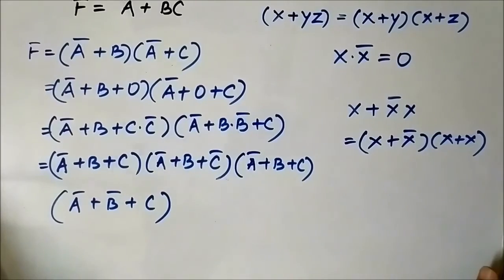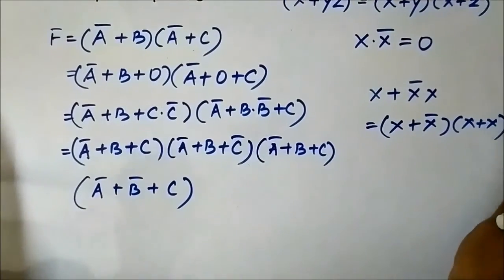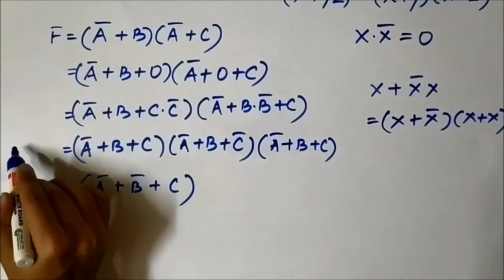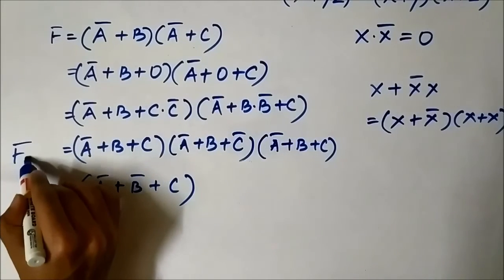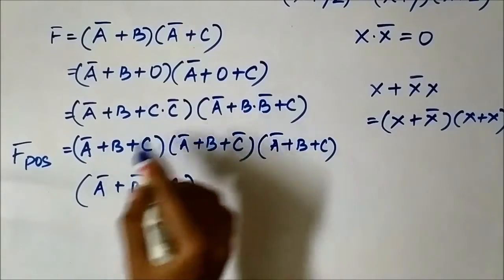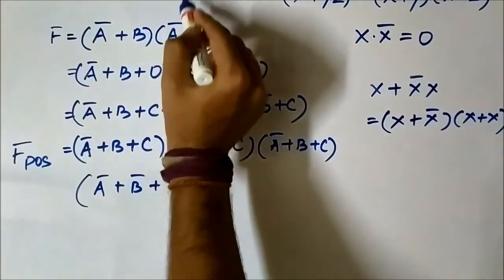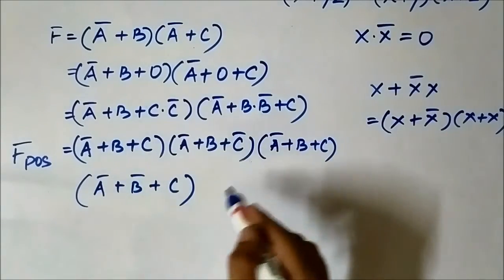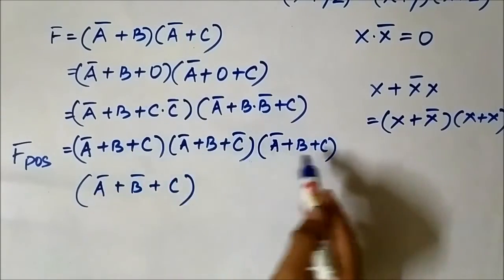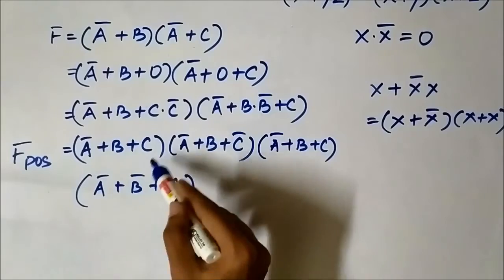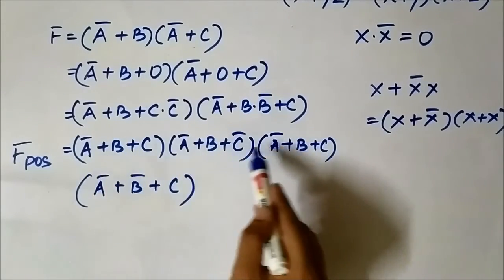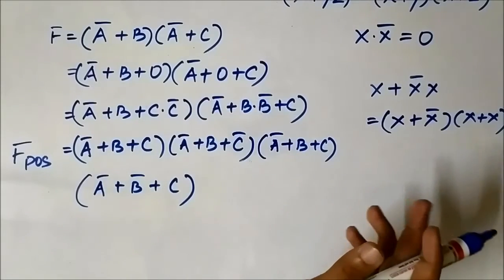So this is the standard Boolean expression for the POS form. We have converted this Boolean expression, which is not in standard form, into POS form. Here all the variables are present in each of the max terms; no variable is missing.